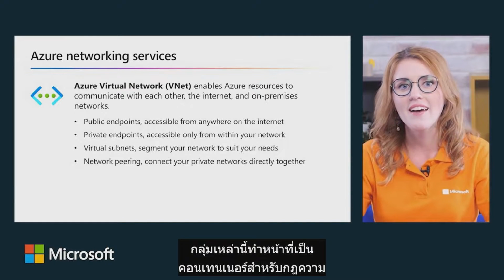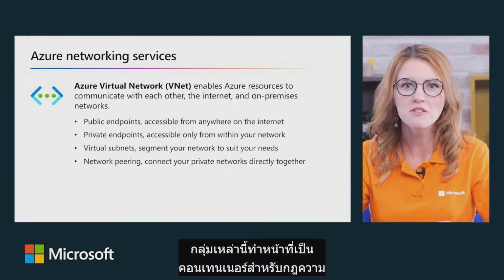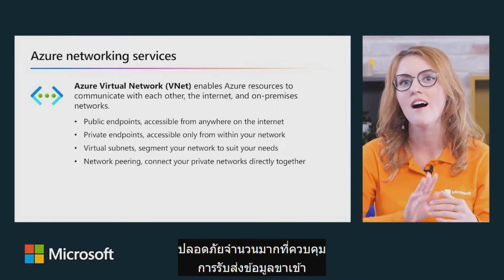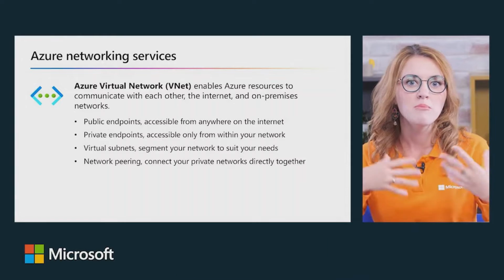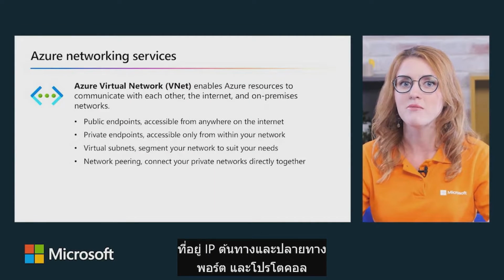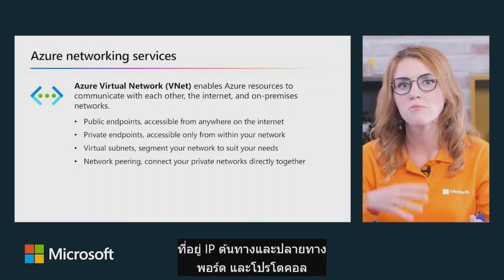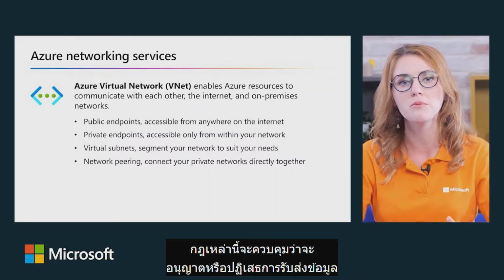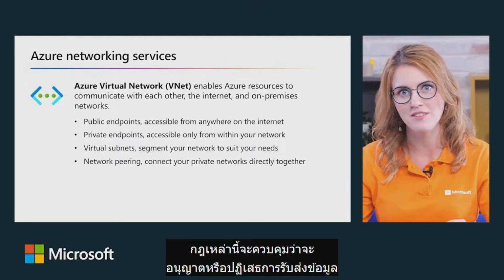These groups act as containers for numerous security rules governing inbound and outbound traffic. By evaluating factors such as source and destination IP addresses, ports, and protocols, these rules dictate whether to permit or deny traffic.